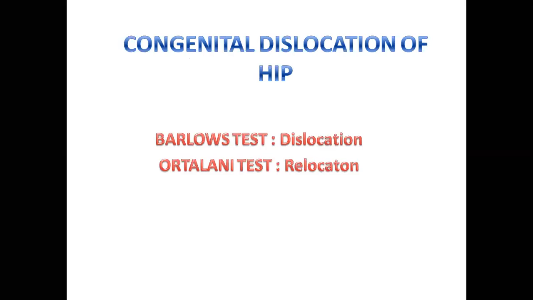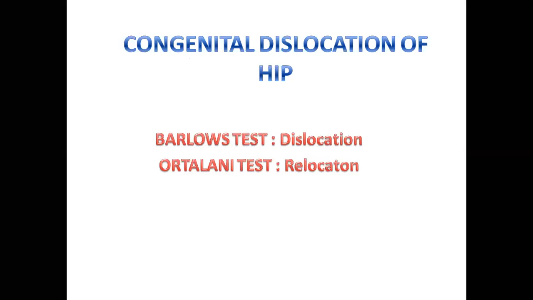As you all know, the hip joint is a ball and socket joint. Because of the developmental dysplasia, the acetabulum, the socket, becomes narrow, so the hip joint becomes unstable.